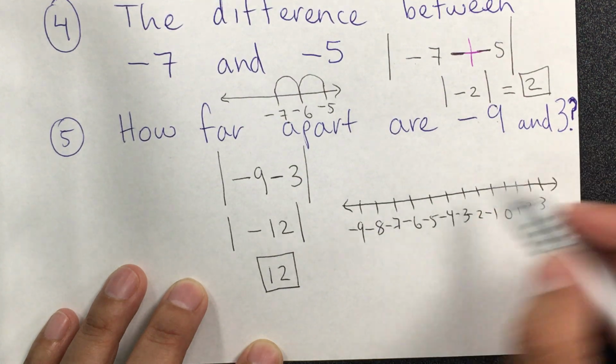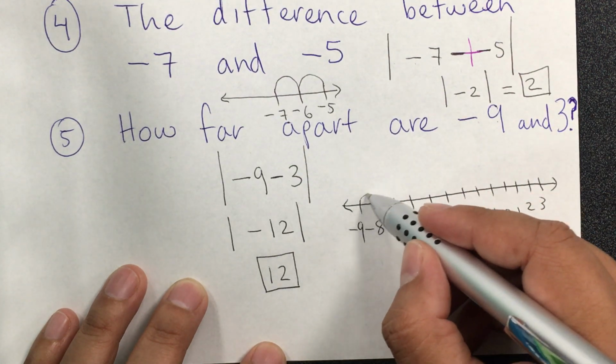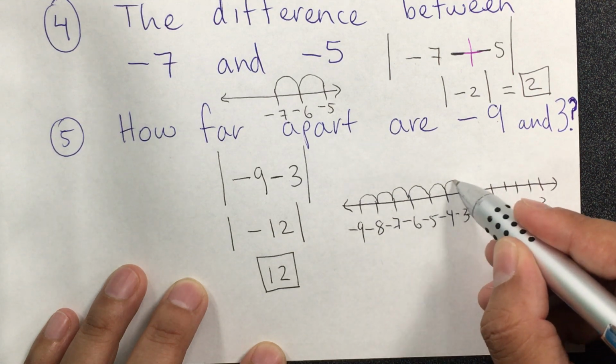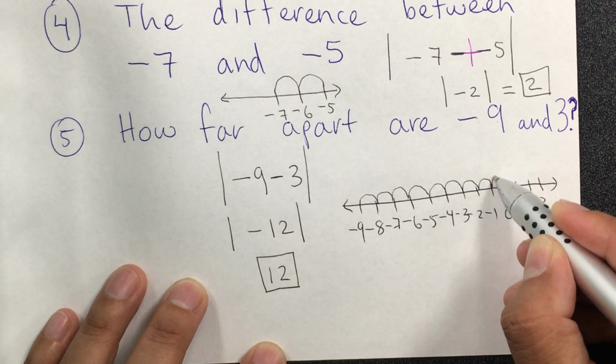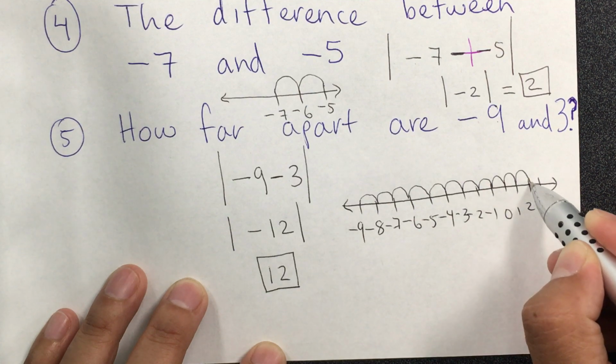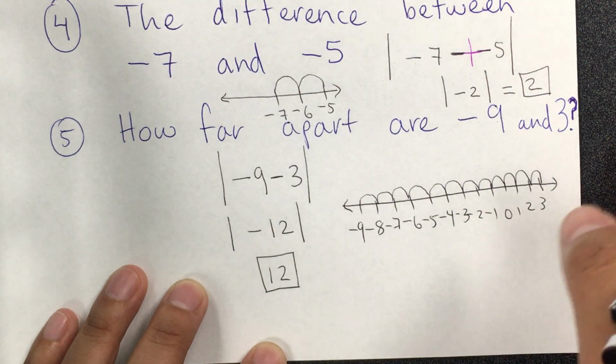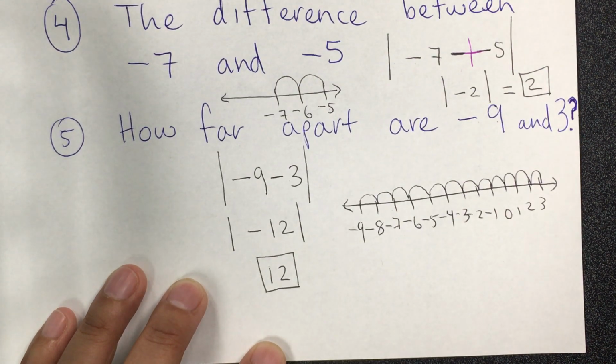The distance between those two numbers is 1, 2, 3, 4, 5, 6, 7, 8, 9, 10, 11, 12 spaces, which is what we found in here. Okay.